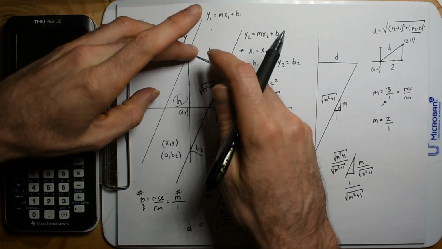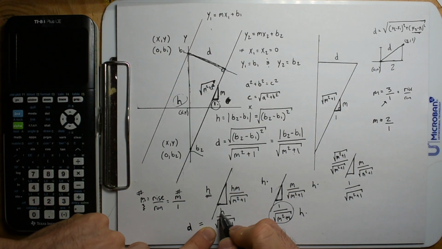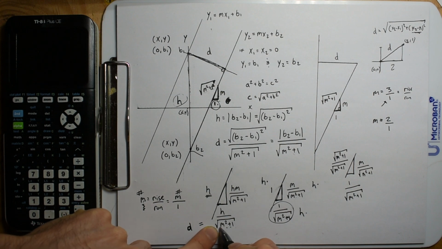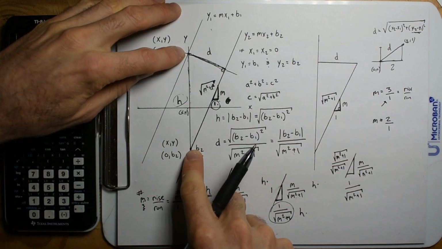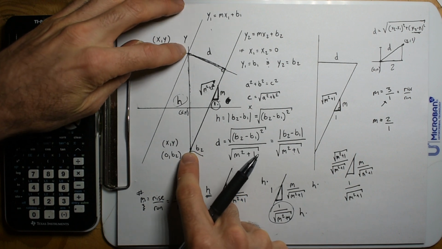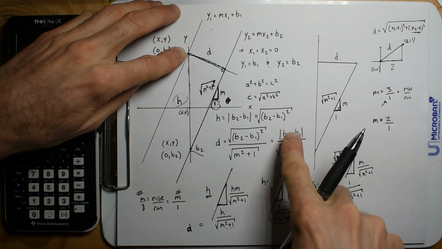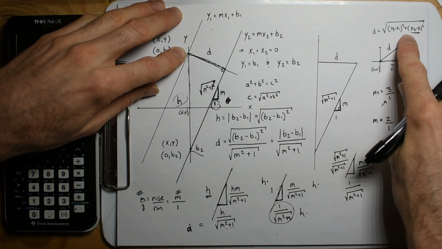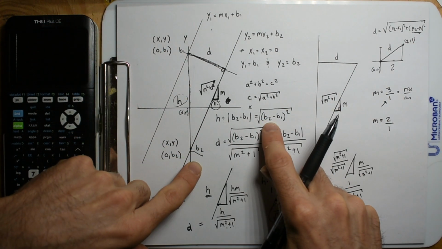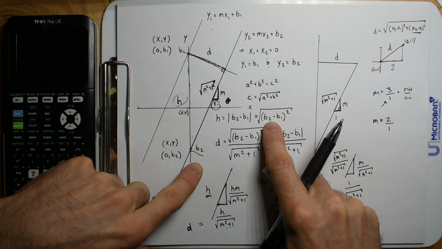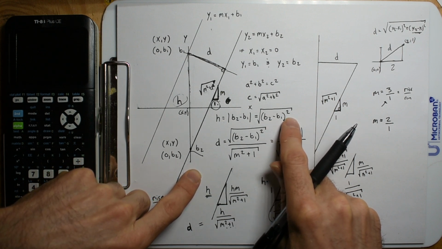Once you know that distance d, and we know it in terms of the hypotenuse and the square root of the slope squared plus 1, we just go back and ask, what's the hypotenuse? Well, that's just the difference between the y-intercepts, b1 and b2. I'm going to write it in this form. So that hypotenuse is the square root of b2 squared minus b1 squared.